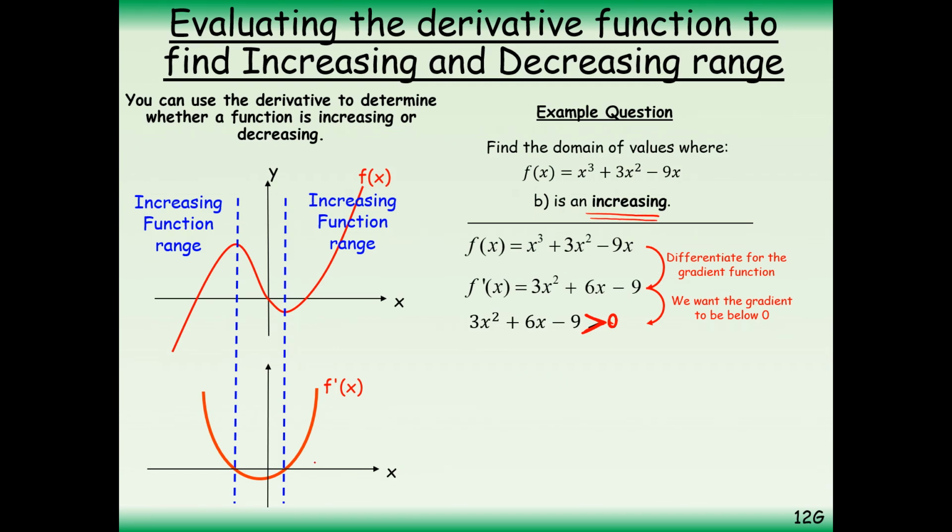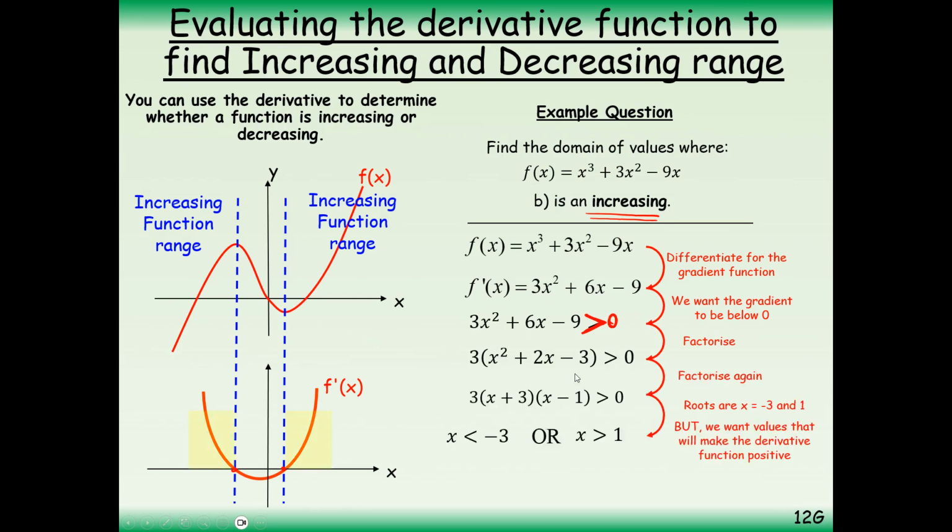Therefore, once we solve that inequality, the roots will be exactly the same two roots, 1 and -3. So this time we are shading here because we want the increasing part of the derivative function. So what values of x is it? x must be bigger than 1 or x must be less than -3.